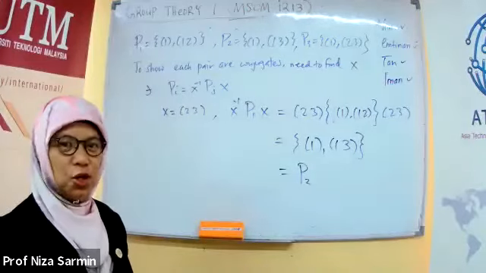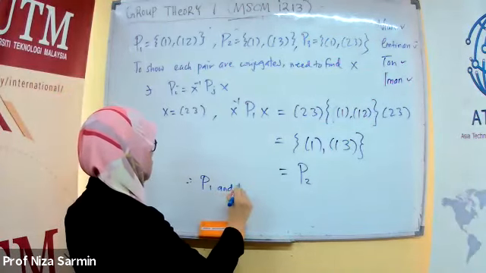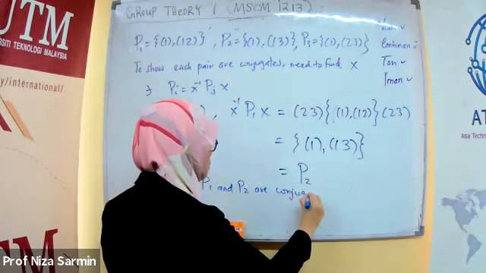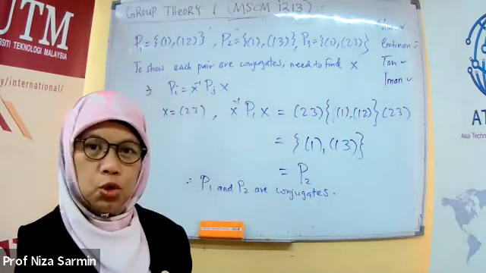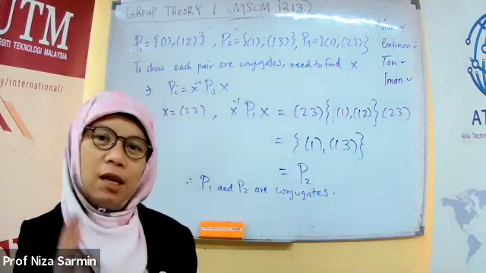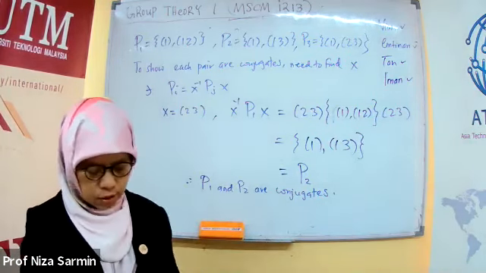Okay, so P1 and P2 are conjugates. Now you can also show P1 and P3, P2 and P3. I already gave it in the notes, okay?